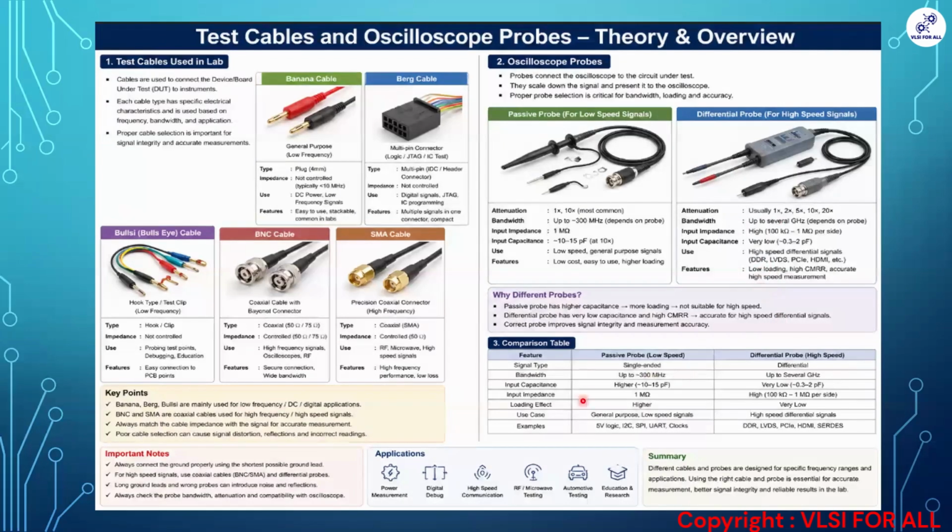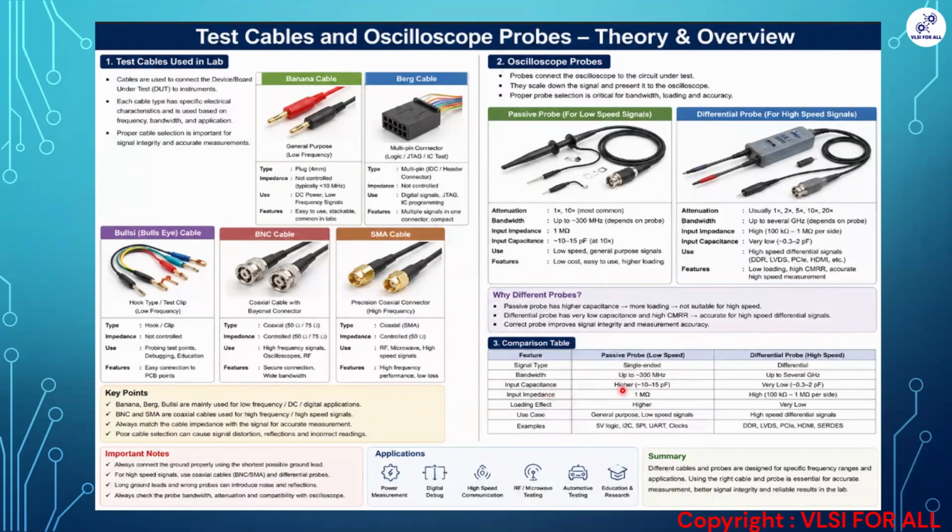If we see the comparison of passive and differential: in passive probes, the signal is single-ended; in differential, the signal is differential. In bandwidth, passive probes go up to 300 megahertz, but differential probes go to several gigahertz.